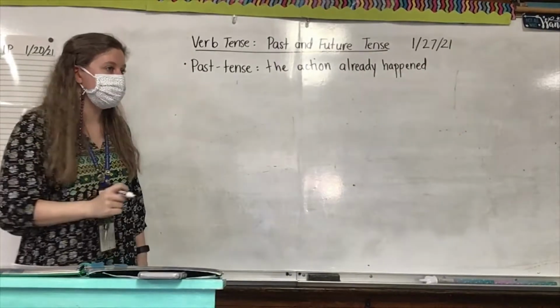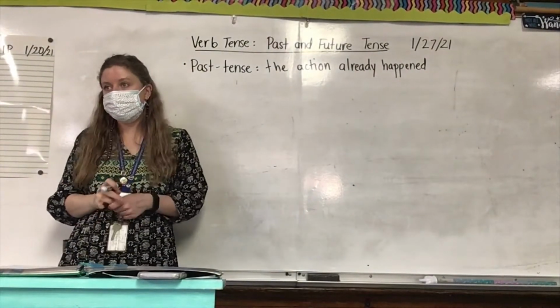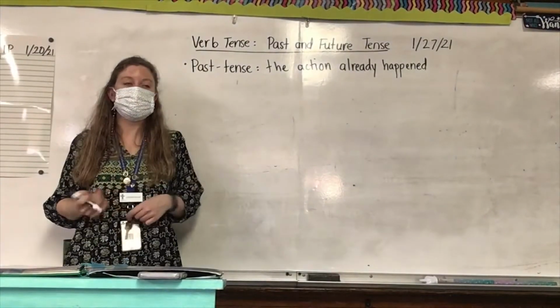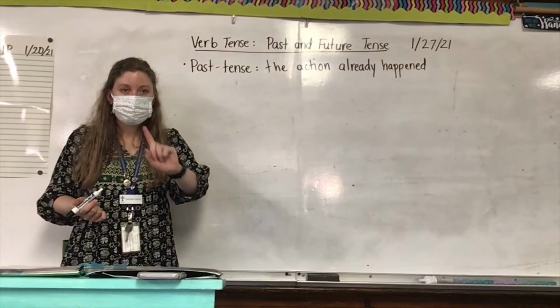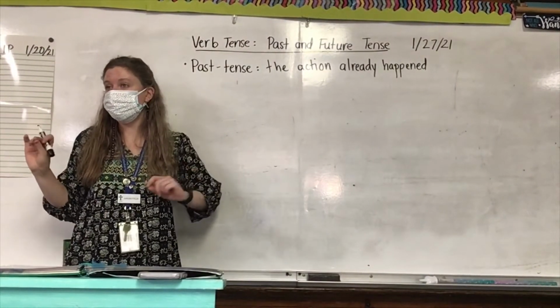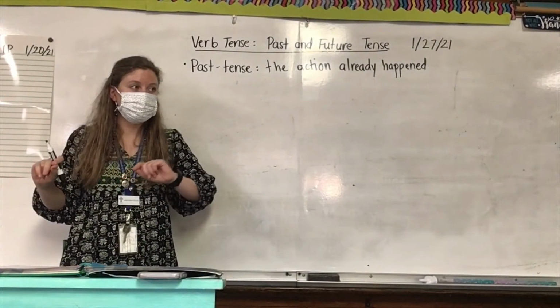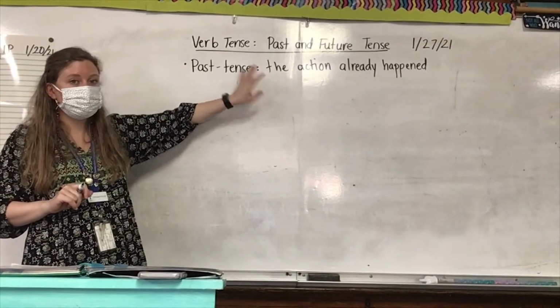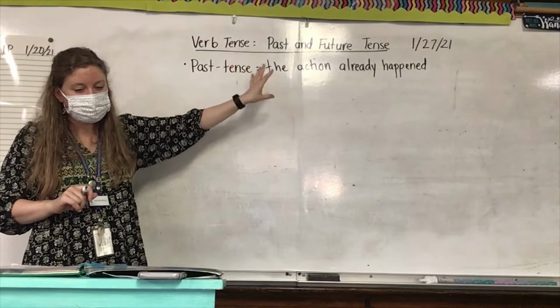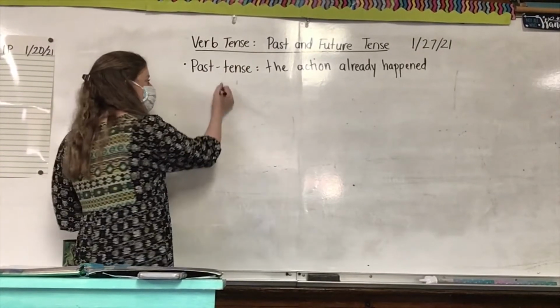Past tense means the action already happened. Now, unlike present tense, there's only one way to do this. We do have some verbs that are weird. We'll talk about them in a few weeks. But the one good thing is, for most verbs, there's only one thing that we do.